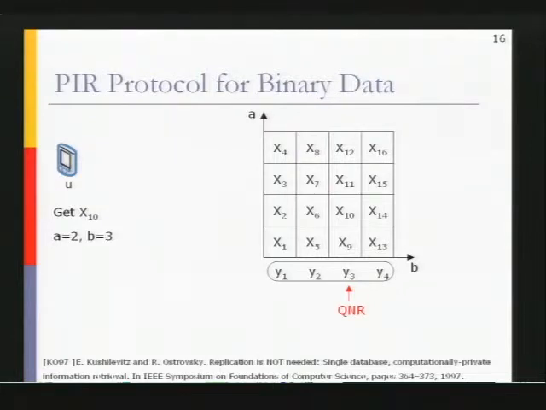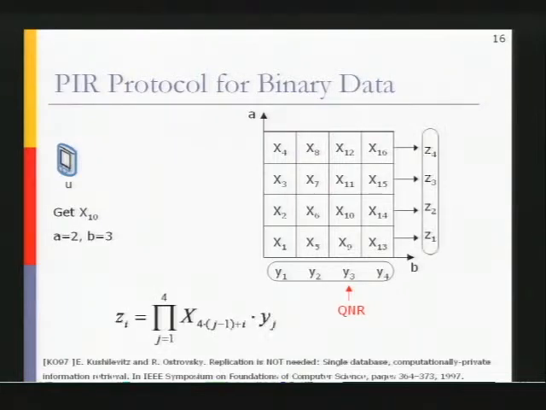What is the server going to do? For each row of the matrix, it will multiply those y numbers for which the corresponding x value is 1. So it's some sort of a masked product. Only those elements in y which correspond to 1 values in the matrix are multiplied, right?